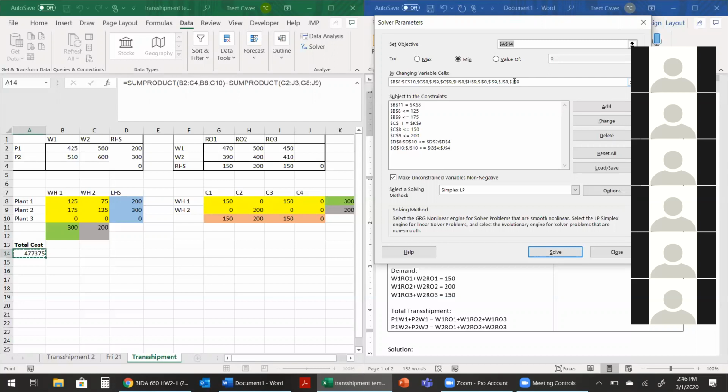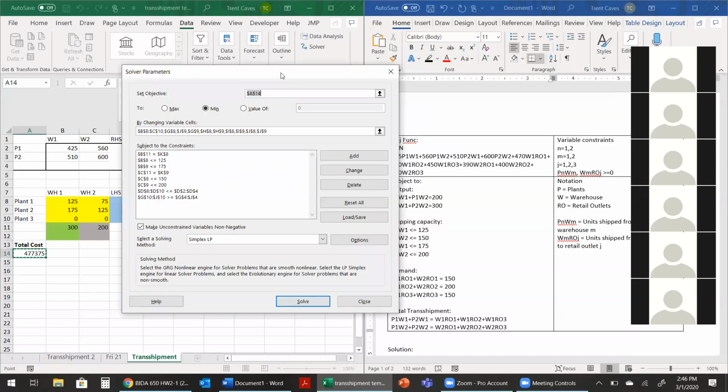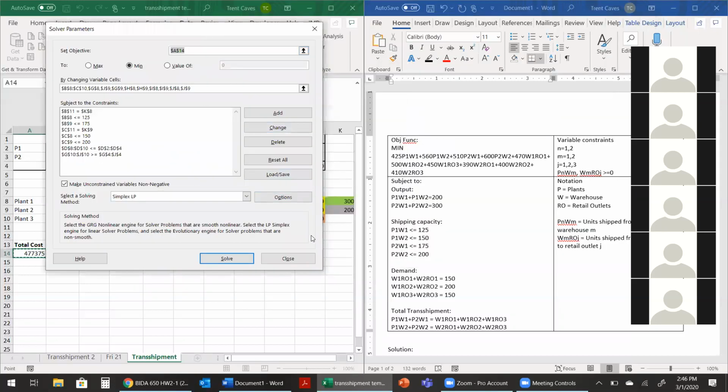So we use the solver to find the optimal solution, and then we need to report the optimal solution. There's two ways that you can do it.